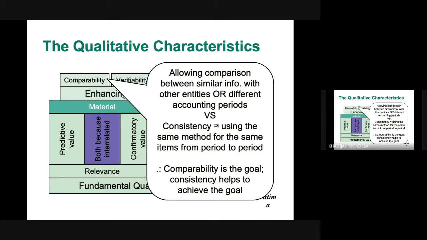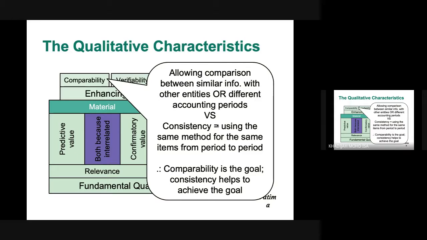Or we can also use comparability in order for us to compare the performance between year 1 and year 2, or year 3 or year 4, year 5, right? So you compare the performance of the company, we call it trend analysis.